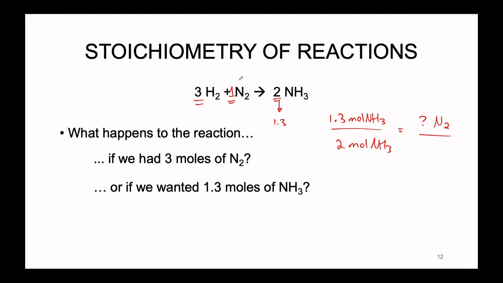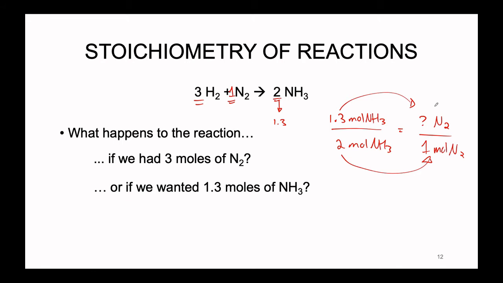But according to the balanced chemical equation, there is 1 mole of N2. So a 2 to 1 ends up being equal to a 1.3 to question mark, right? That's the ratio that we're working with right now.